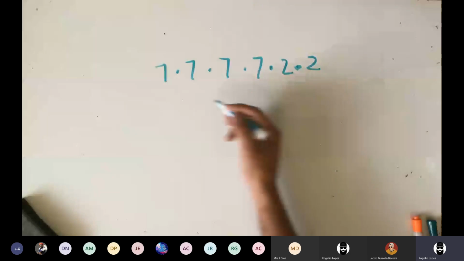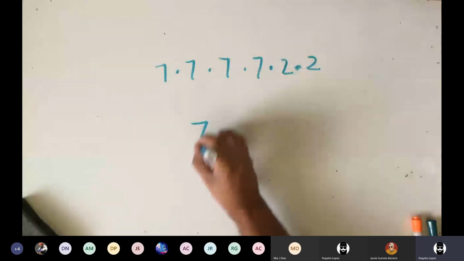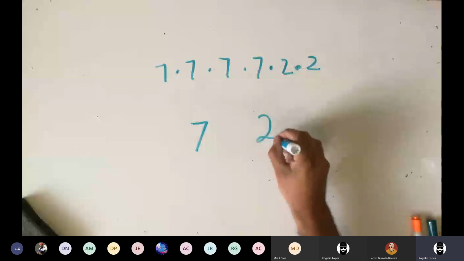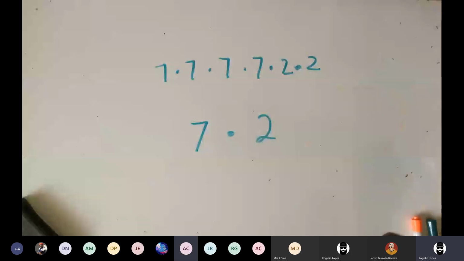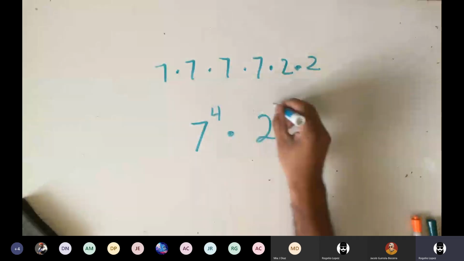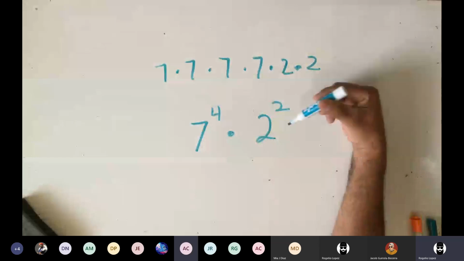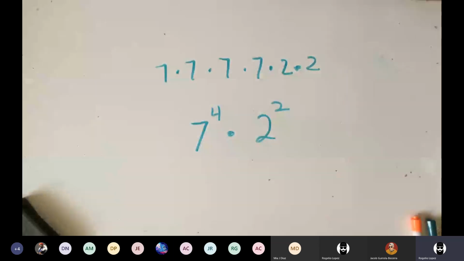I have 2 different factors. I have a 7 and I have a 2. So I'm going to go ahead and write those right there, 7 and a 2. I know we're all multiplying, so I'm going to put that there. And then we just count how many 7s we have. We have 4 7s there, and we have 2 2s there. And that's how you go from expanded form to exponent form.